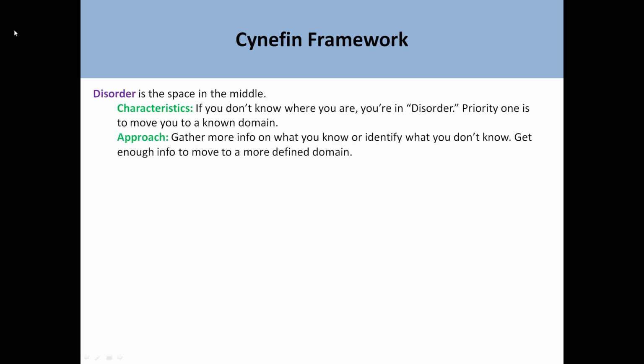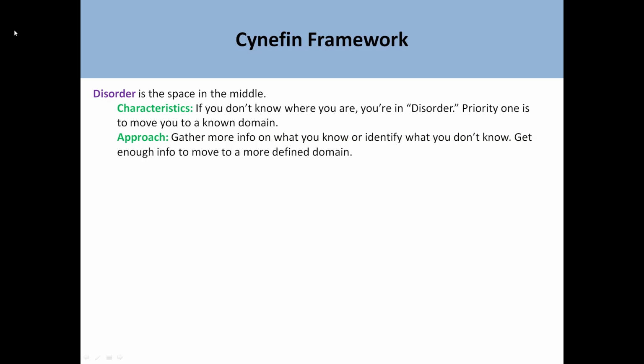Disorder. Disorder means that you don't know where you are. Priority one is to move to a known domain. That means you don't have the knowledge of what's actually going on, what the problem is. The approach is to gather more info on what you know, or identify what you don't know, and get enough info to move to a more defined domain.